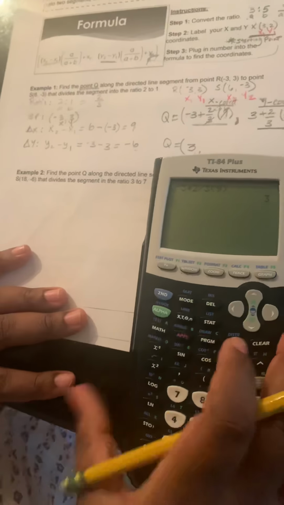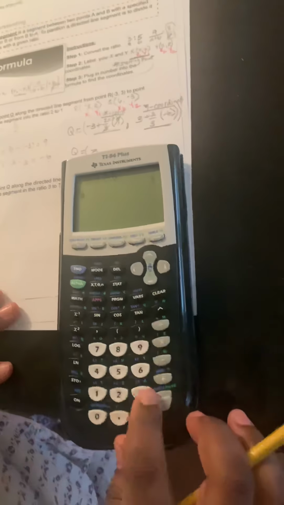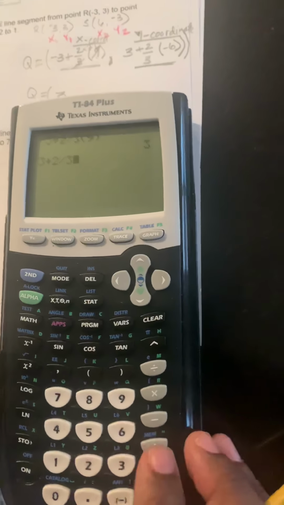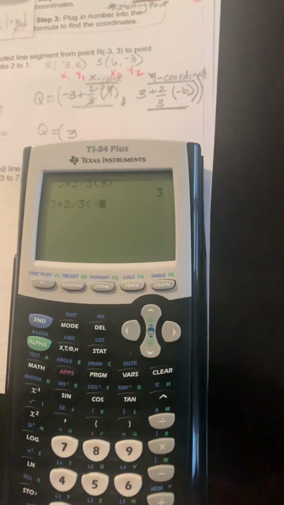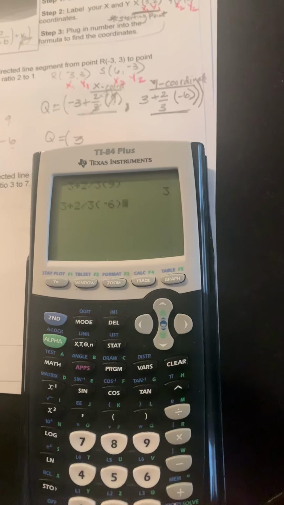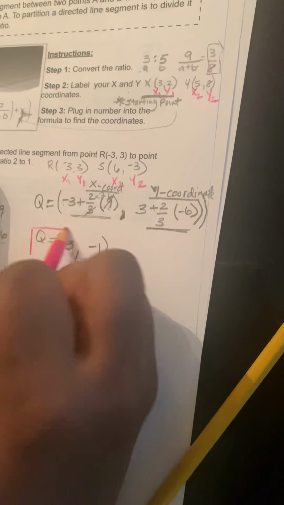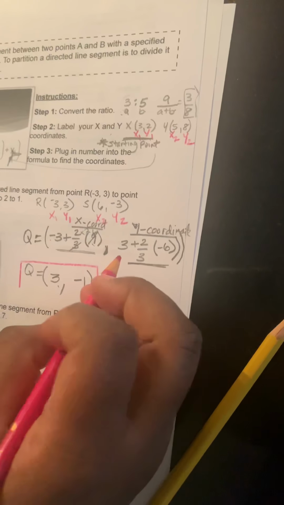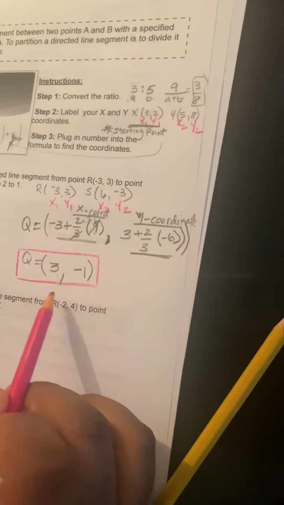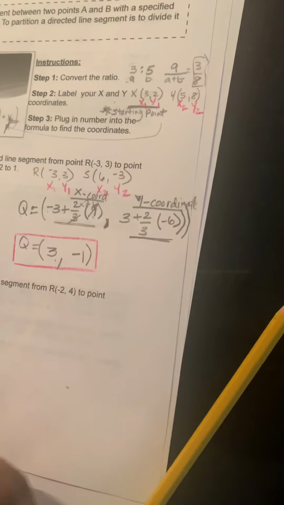All right. Again, you can plug this whole thing into the calculator: 3 plus 2 divided by 3 multiplied by -6, and you get -1. So guys, look, this is the answer. Point Q, which was on the segment RS, has the coordinates 3, -1.